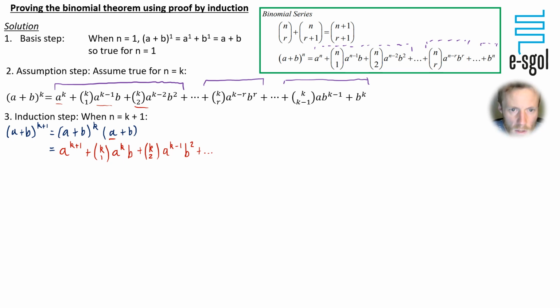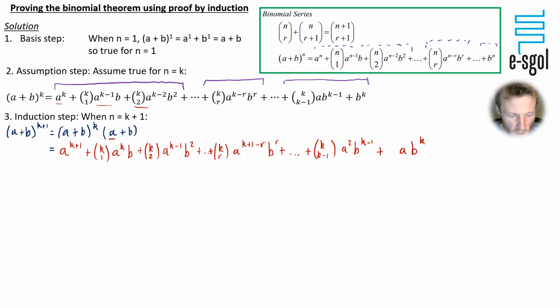And I'm going to skip along to this term, k choose r times a to the power of, now because I'm multiplying by a, this is going to be k plus 1 minus r, b to the r, plus, in fact I should put a plus there, dot dot dot plus k choose k minus 1, a to the power of 2, b to the k minus 1, plus a b to the power of k. So that's everything multiplied by the a.